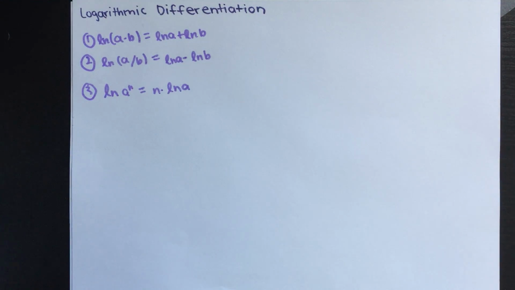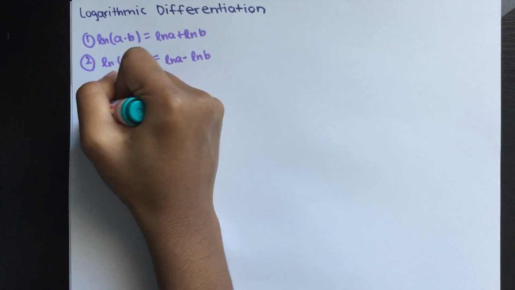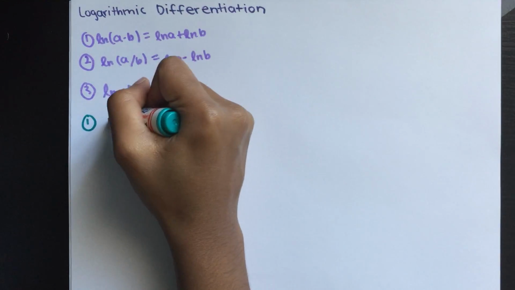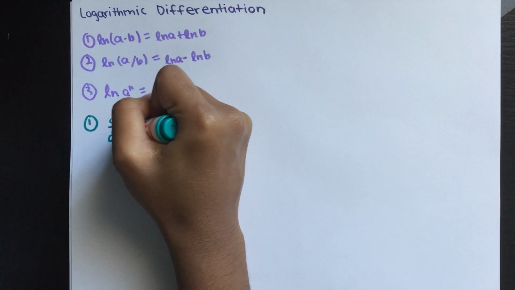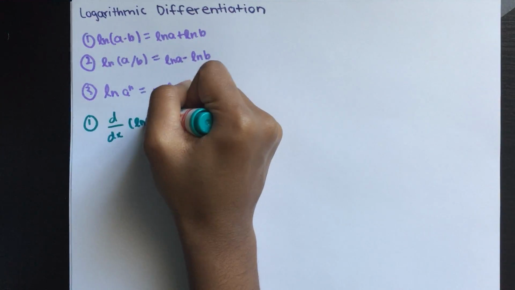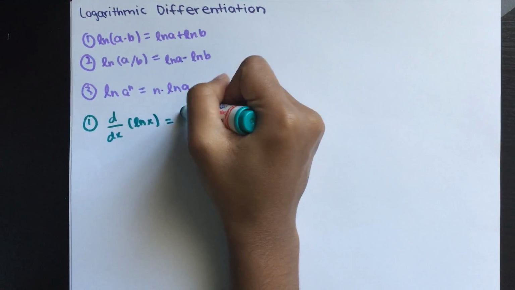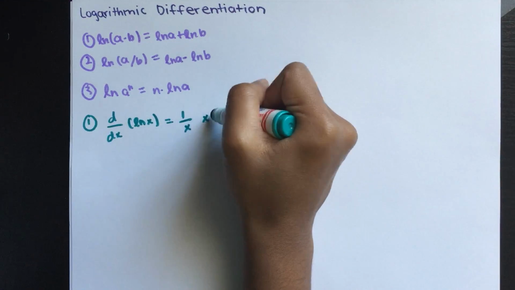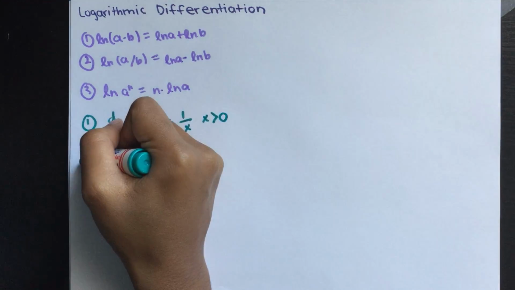And now I'm going to introduce some differentiation rules. So the first one is that the derivative of ln of x equals 1 over x, and x is greater than 0.